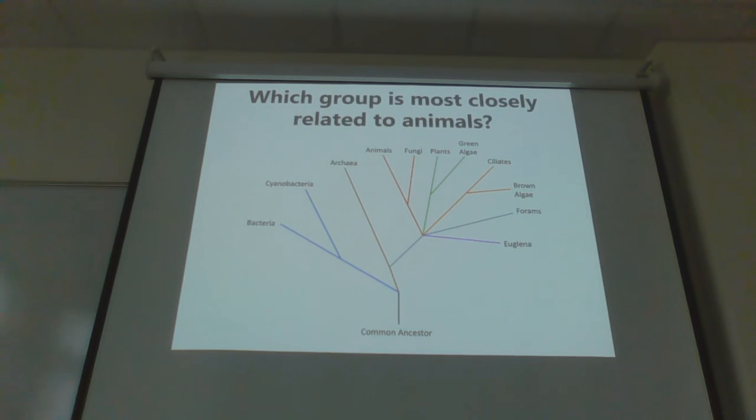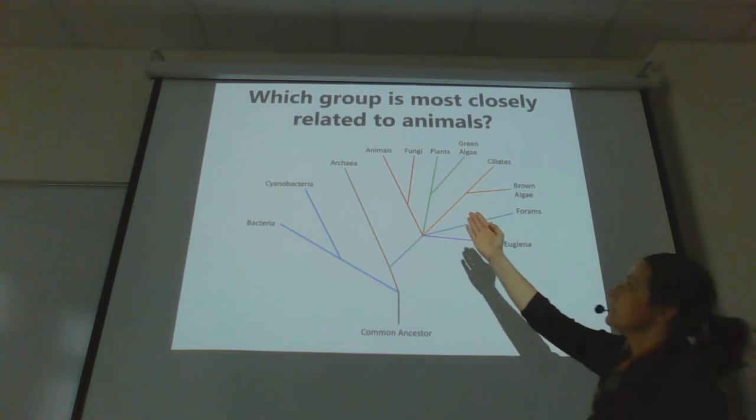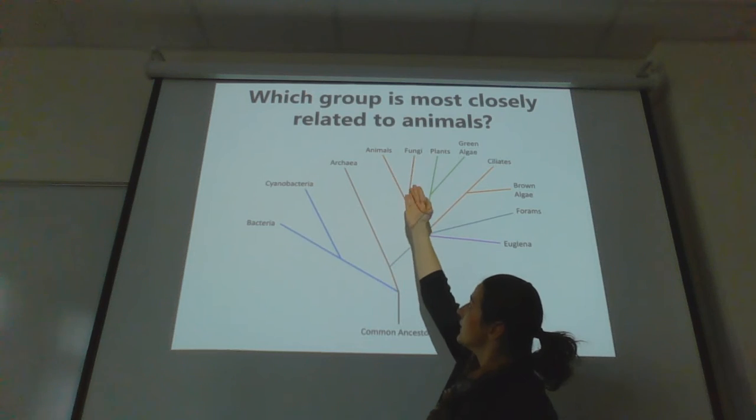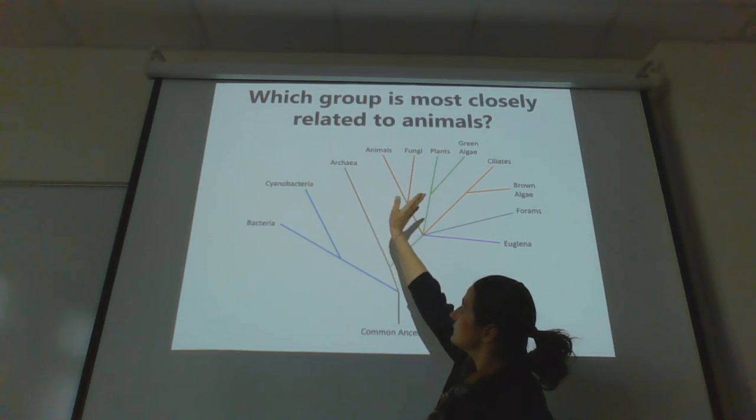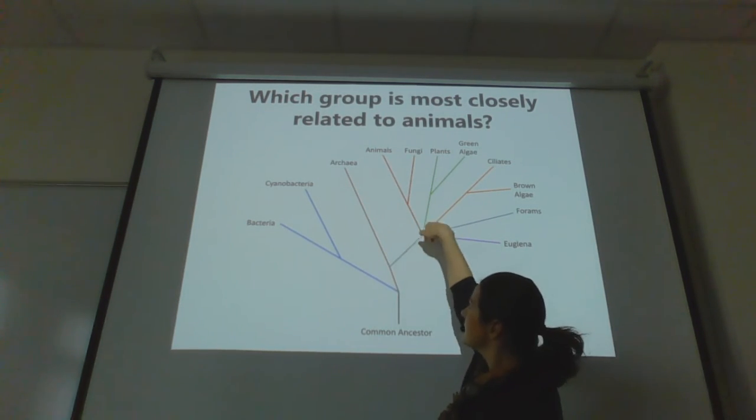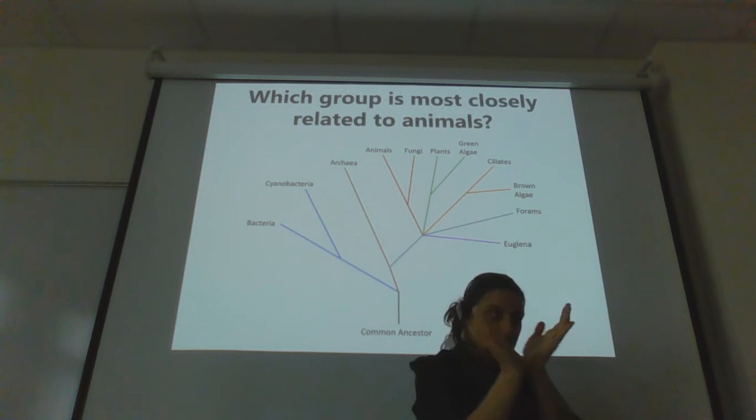Does everybody agree it's fungi? You sure? Nasha, what do you think? They have a common ancestor. So I don't just look at the fact that archaea are also close on the diagram, but they don't have a direct common ancestor.